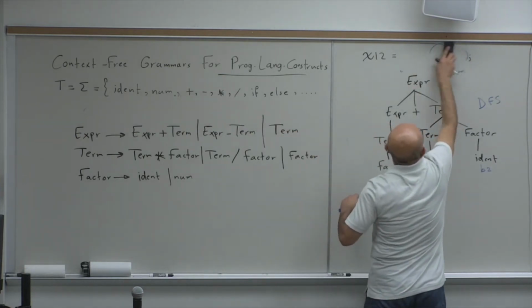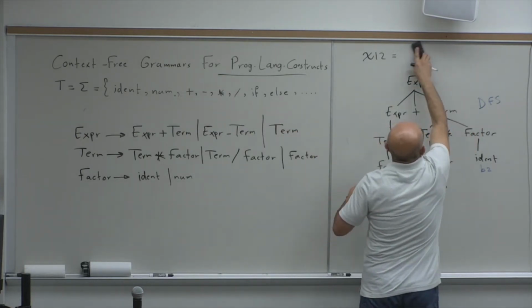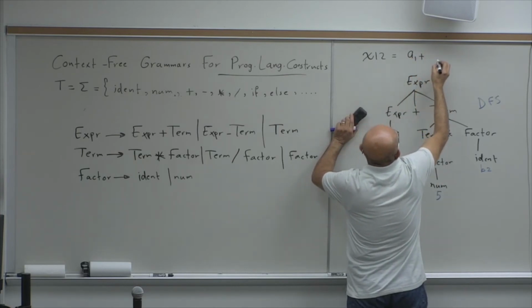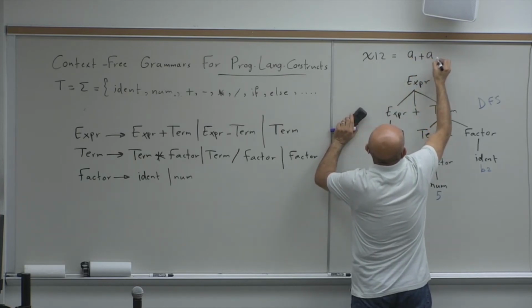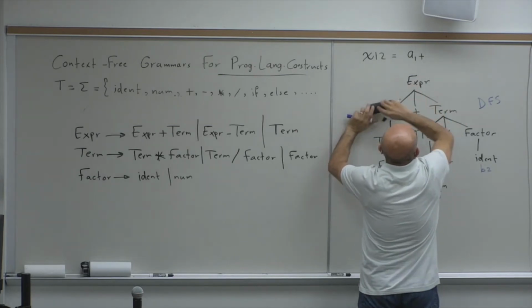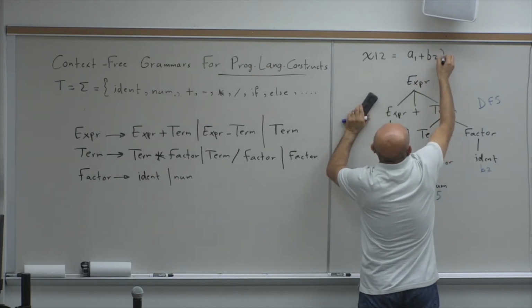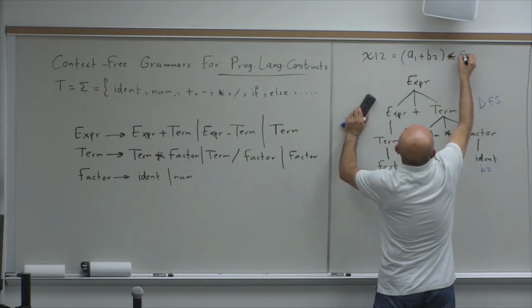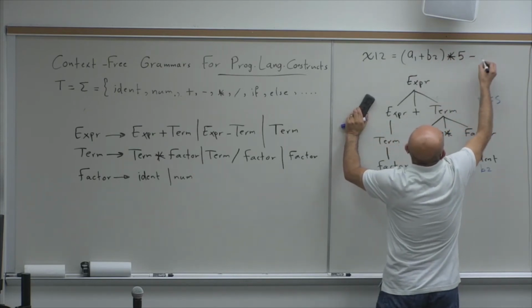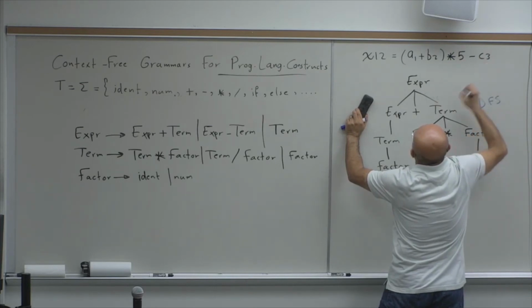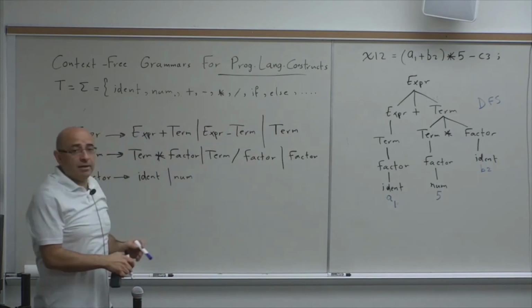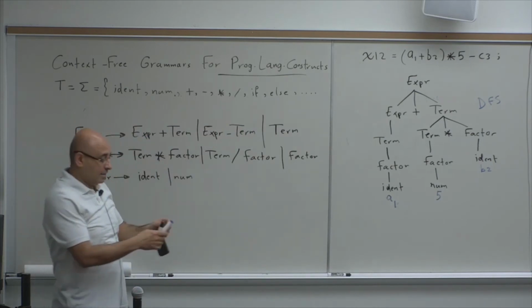What if you have something like A1 plus B2 multiplied by 5 minus C3. Now this grammar clearly does not have parentheses in it.